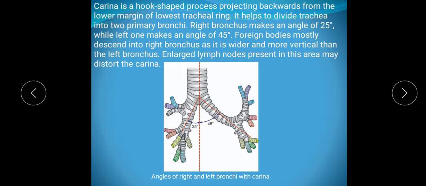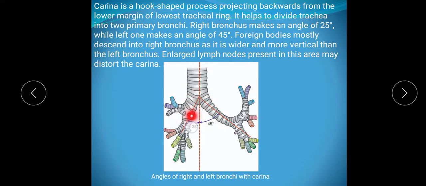And lastly, carina. This is a hook-shaped process projecting backward from the lower margin of the lowest tracheal ring. It helps to divide the trachea into two primary bronchi or principal bronchi, right and left.